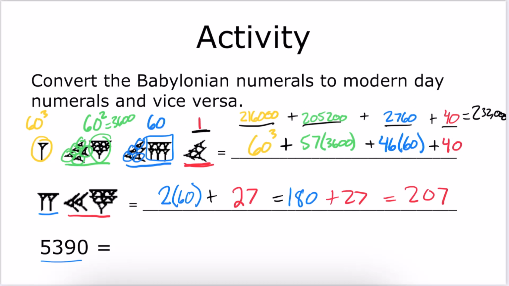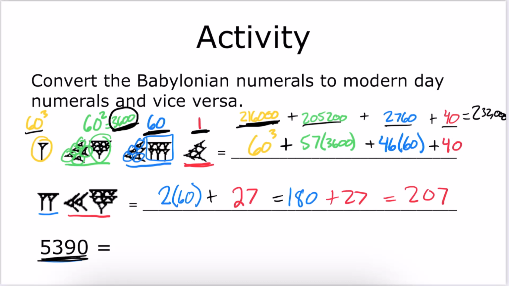So I have a ones column, then 60 ones is 60, and 60 60s is 3,600, and 60 of those is going to be 60 cubed, which I calculated out equals 216,000. So if I want to represent the number 5,390, well, I'm going to have at least one number in my third place value because 5,390 has enough numbers to have a 1 in this column.